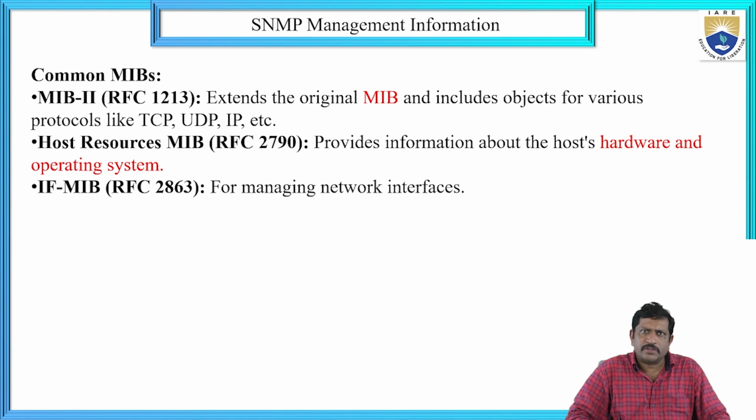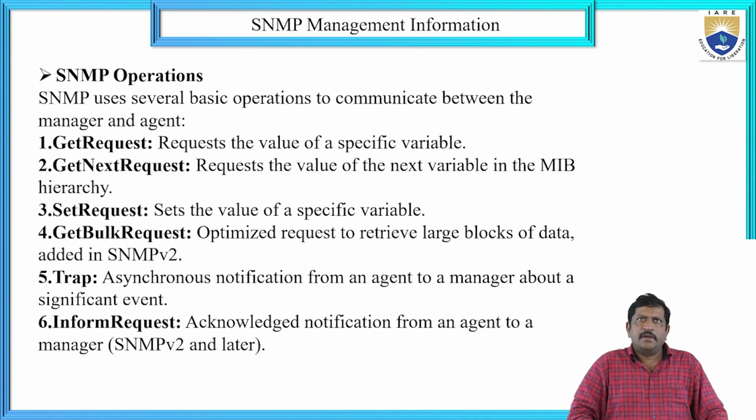Host Resources MIB is request for comments 2790, which provides information about the host, hardware and operating system. Then there is IF-MIB, request for comments 2863, which manages the network interfaces.